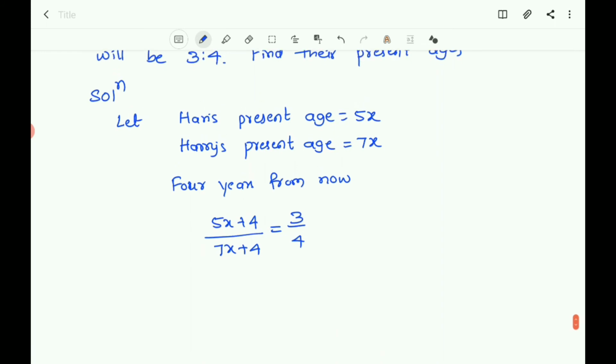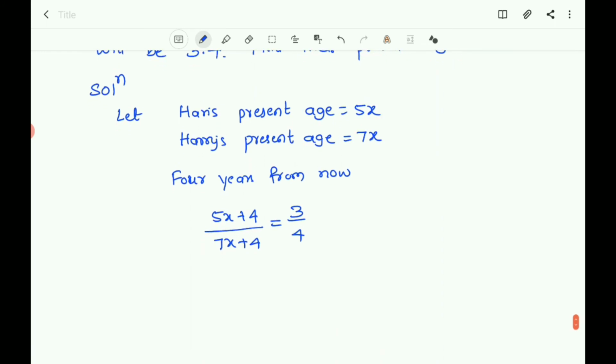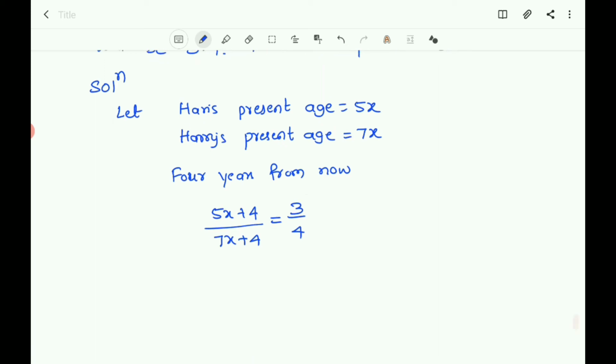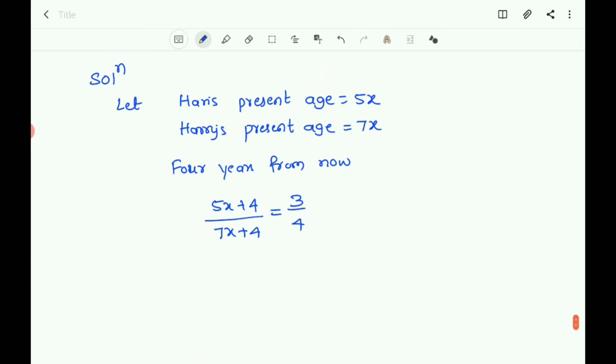And you know that both LHS and RHS are in the form of numerator by denominator, and in the LHS both numerator and denominator have the variable. So here you take the cancellation of 7x + 4 and 4. To cancel them, you must multiply both LHS and RHS by 4 into (7x + 4).